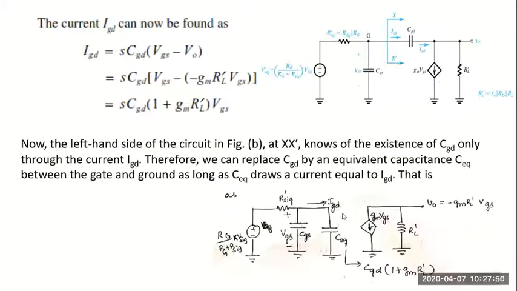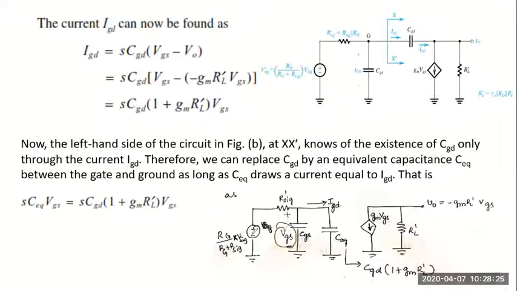If you want the current through C equivalent to be same as IGD, I'll consider the current through this capacitance C equivalent. The current through that capacitance will be voltage across this capacitance divided by the reactance. What is the voltage across this capacitance? VGS. You can see the voltage across this capacitance is VGS.